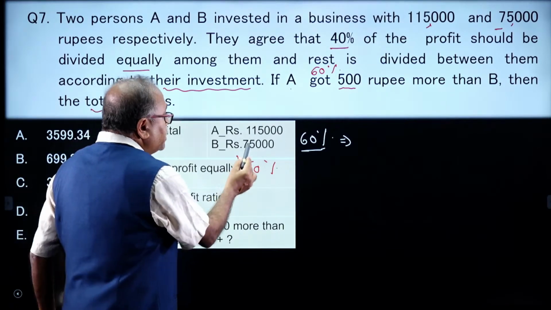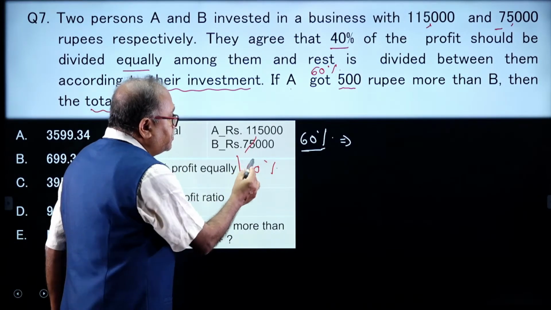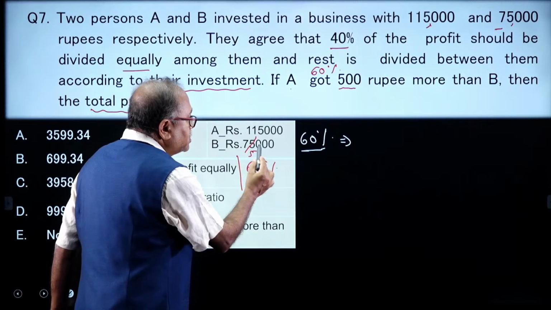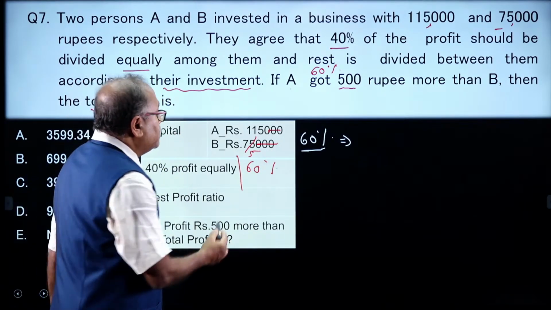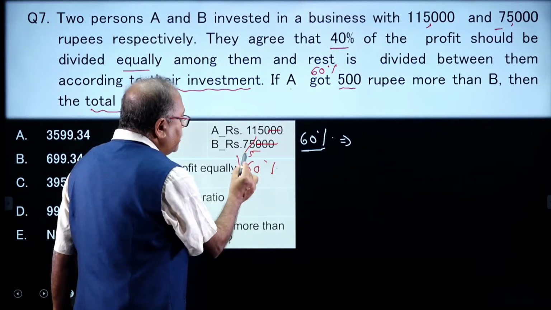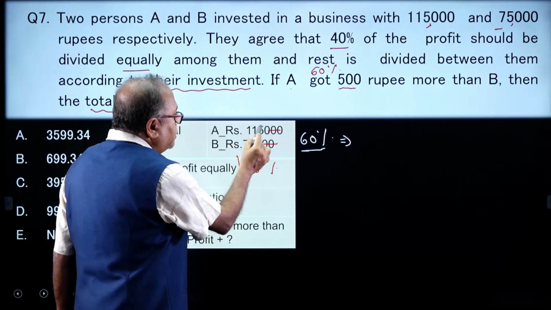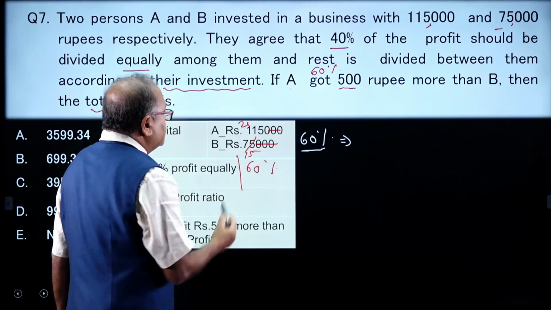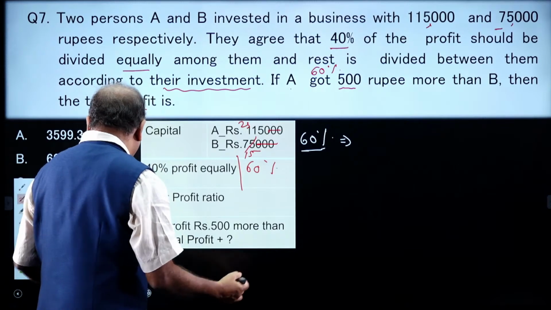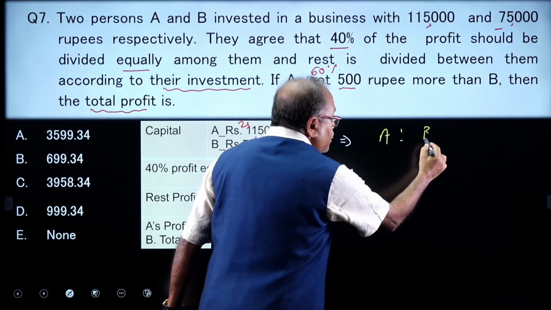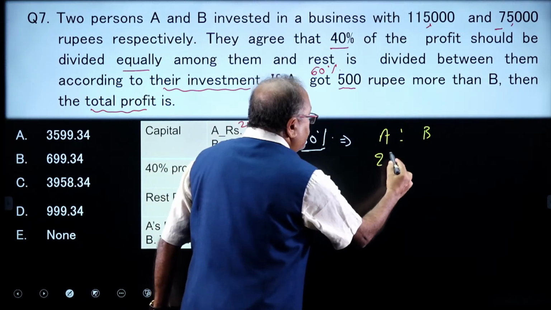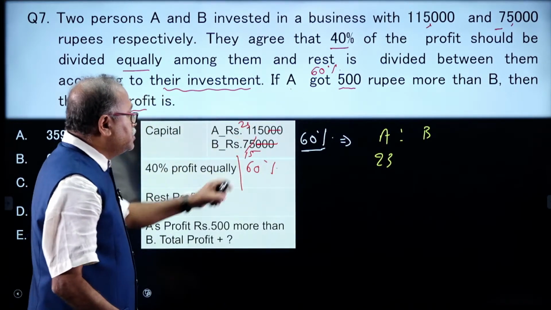From here itself, I get with 15, 5 times, zeros are getting cancelled, 15, 5 times, and with 5, 15 times, and with 5, 23 times. So what is the ratio of capital? A is to B is 23. Look at this one, 23 is to 15.